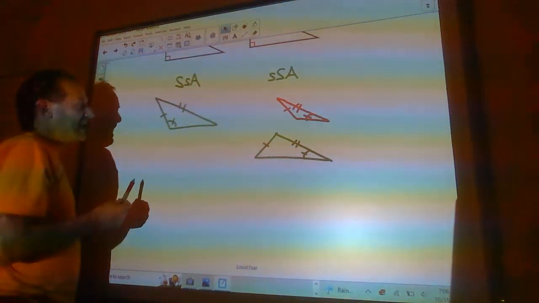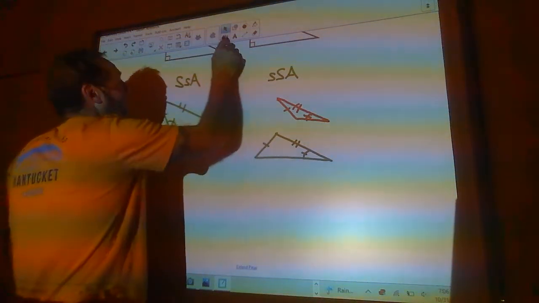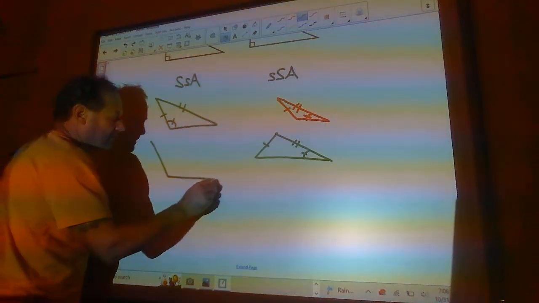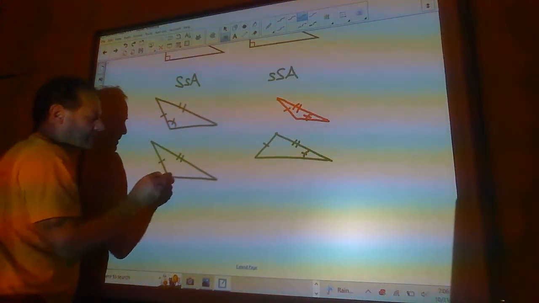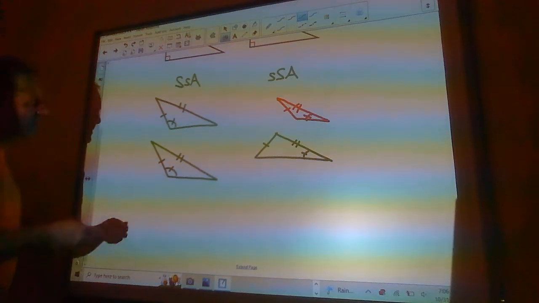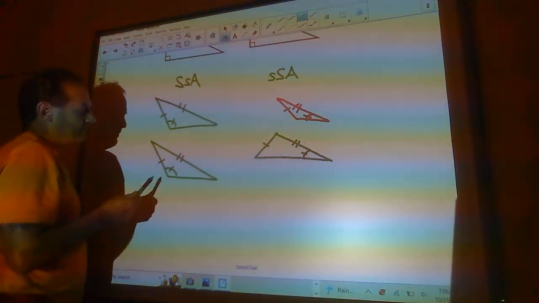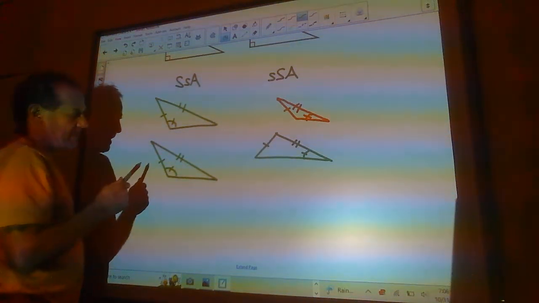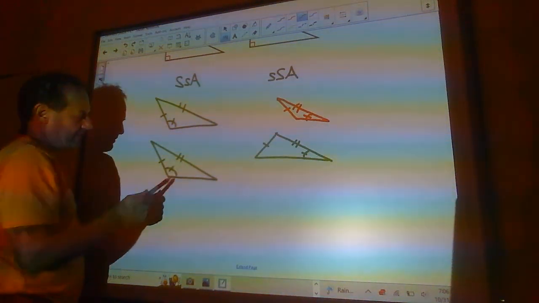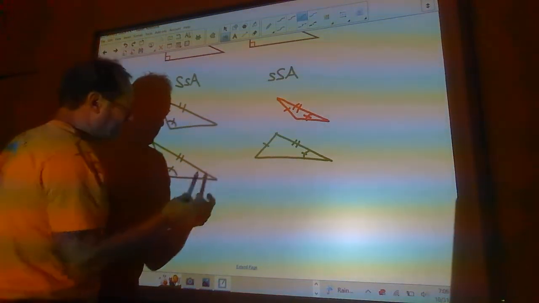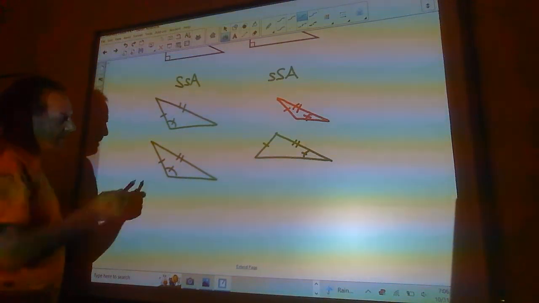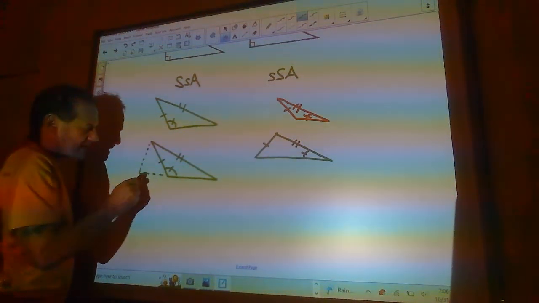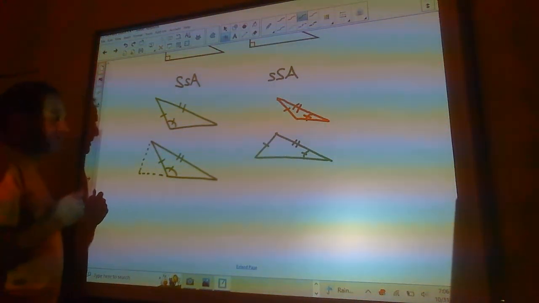If I have the big side, then the little side, then the angle, it's impossible for me to make those two triangles. So if I've got this, these have to be the same triangle, because I can't flip this side around to the other side and make it work like I did here. If I try to flip this side so that it goes over here, I've now changed this angle that's over here.